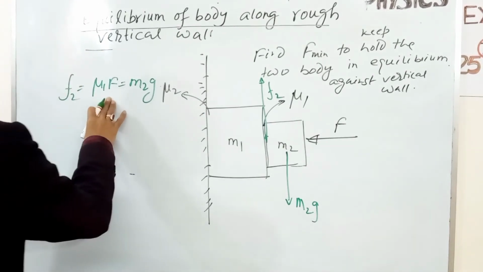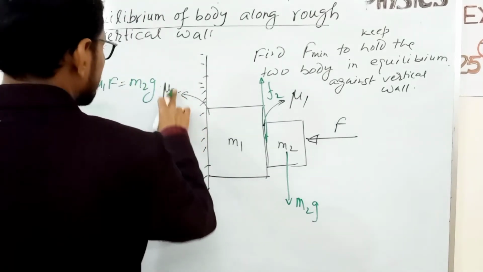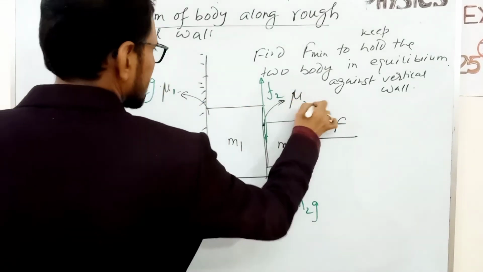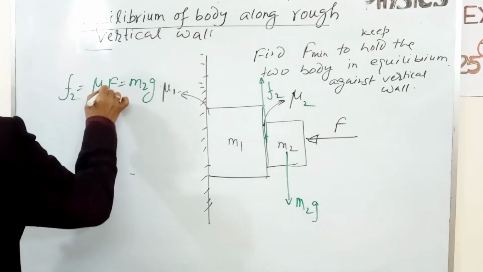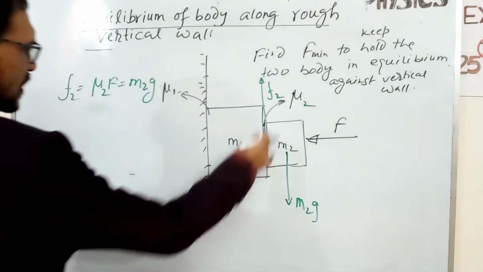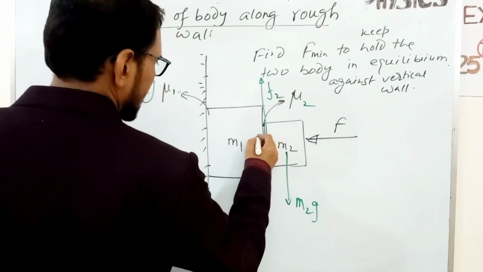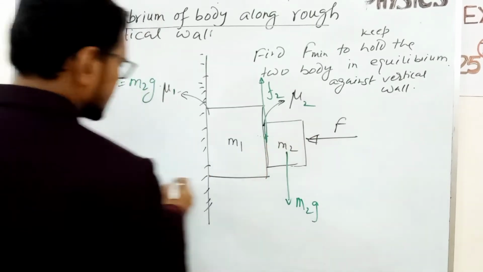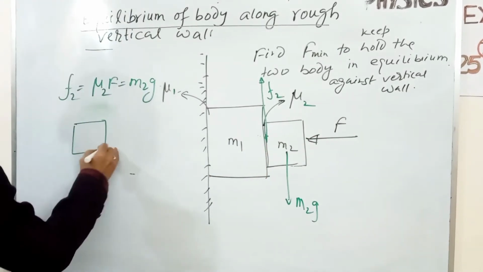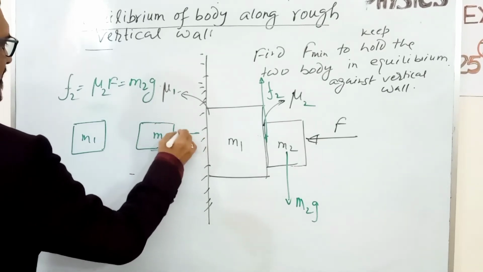This friction prevents the m1. This is mu1. This is mu2. This friction prevents the weight of the block from sliding downward. Now if we draw the free body diagram of m1 and m2, the force acts in this direction.